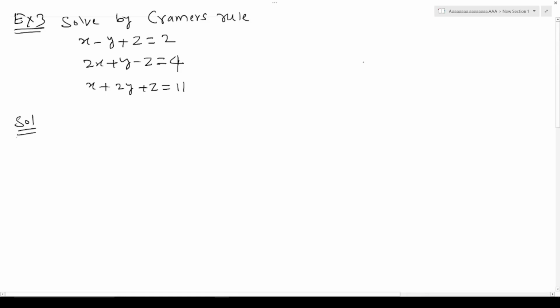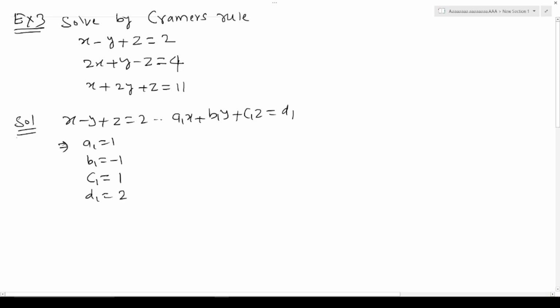Solve by Cramer's rule. x minus y plus z equals 2, 2x plus y minus z equals 4, x plus 2y plus z equals 11. Okay, solution. The first equation x minus y plus z equals 2, comparing with a1x plus b1y plus c1z equals d1, implies a1 equals 1, b1 equals minus 1, c1 equals 1, and d1 equals 2.